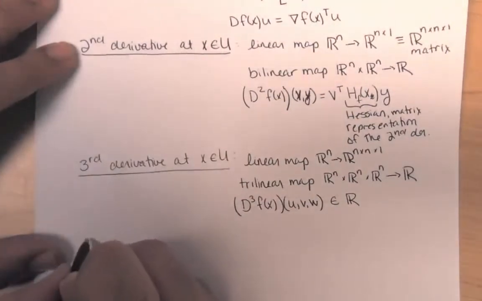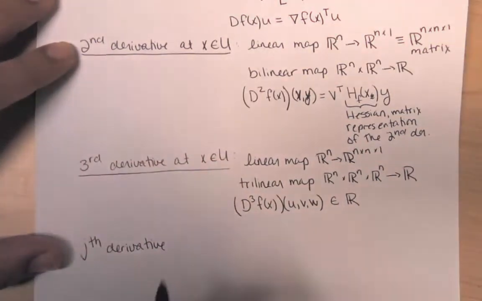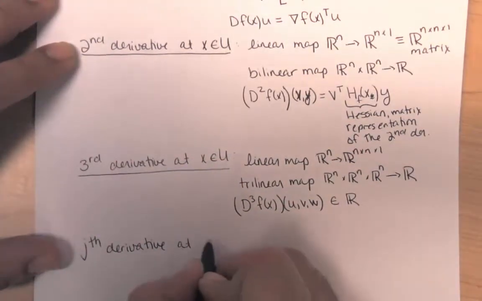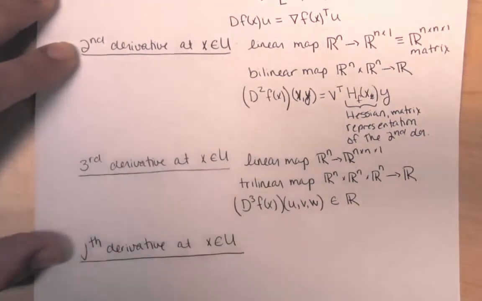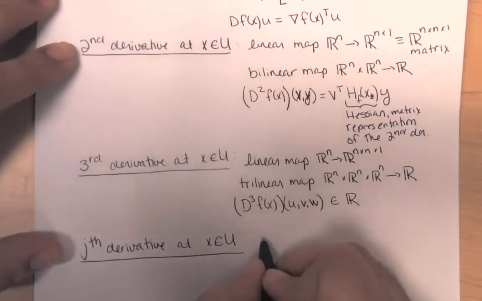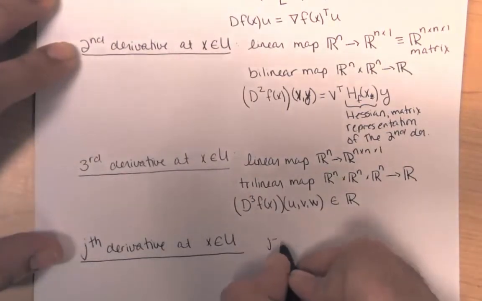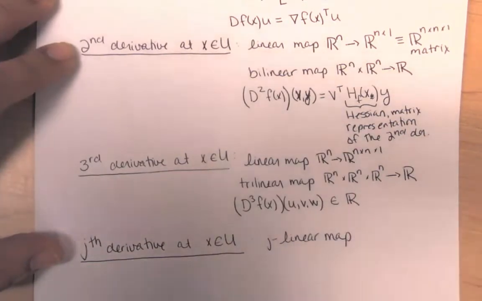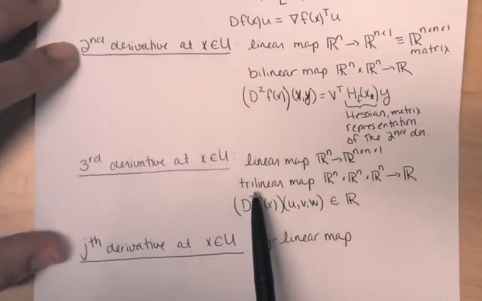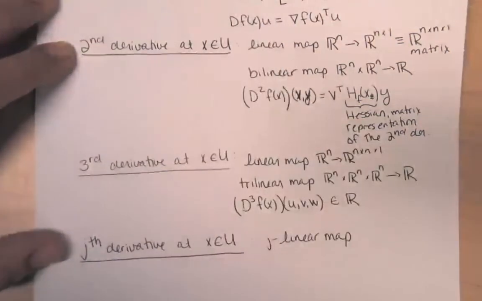Similarly, the jth derivative, assuming such a derivative exists, at x and u is a J-linear map, right? Just as the third derivative is trilinear, the second derivative is bilinear, and the first derivative is linear.